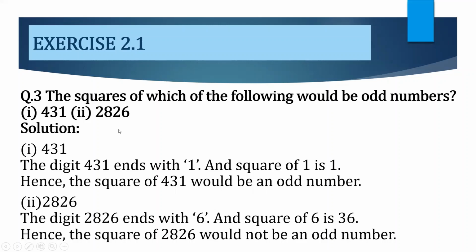So here in 431 we have 1, obviously, so the square of 431 will be an odd number, and for 2826 we have 6 on its unit place, which is an even number. So the square of 2826 will not be an odd number, it will be an even number.